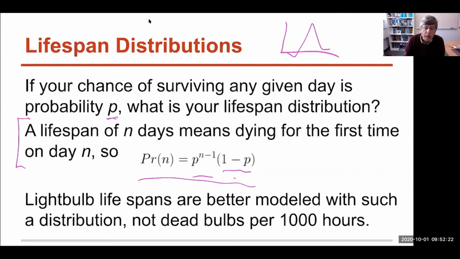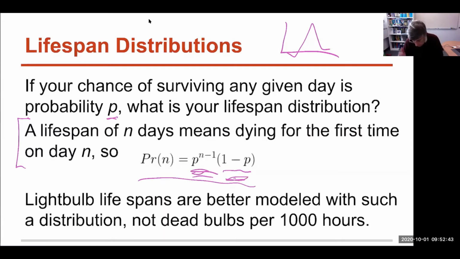And so you can imagine every time you're pulling the light bulb cord, there is a certain probability that it's going to burn out or not burn out. The lifespan of a bulb is going to be how many events it did not burn out, followed by the probability it burnt out right after that.